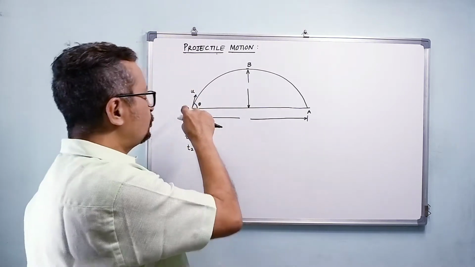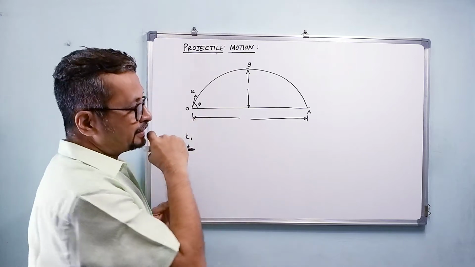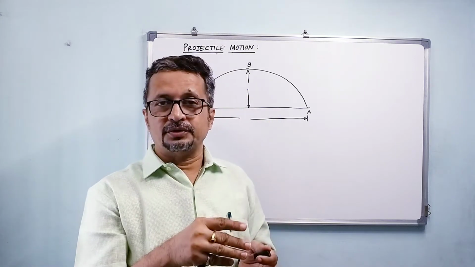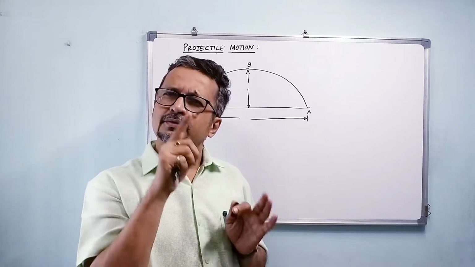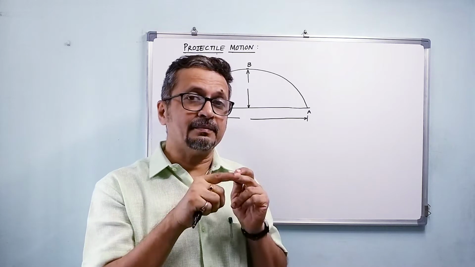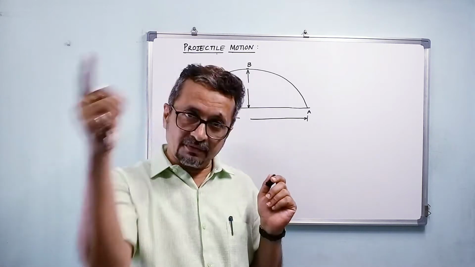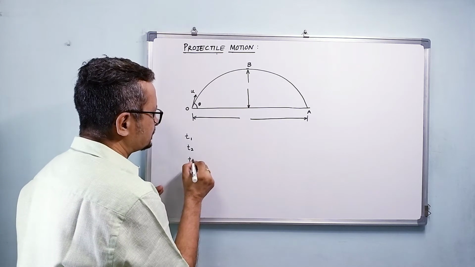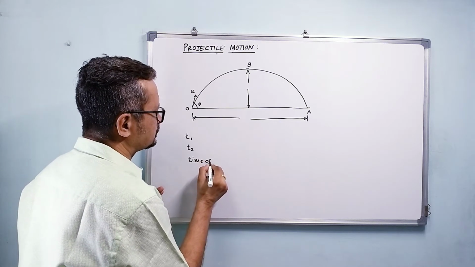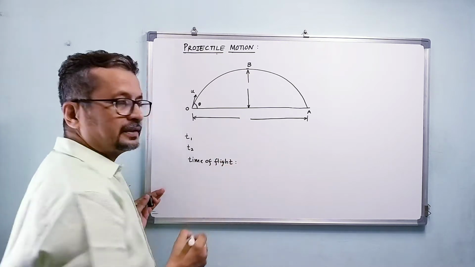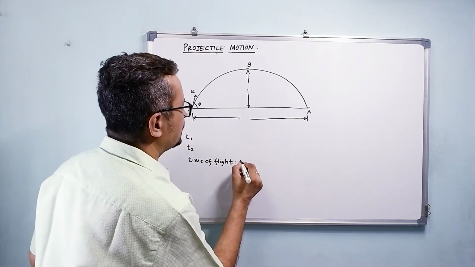Now the moment it was given this initial velocity till the time it lands on the ground finally, isn't that the time of flight? Isn't that the time for which the object is in flight? Correct. I would call that time t.